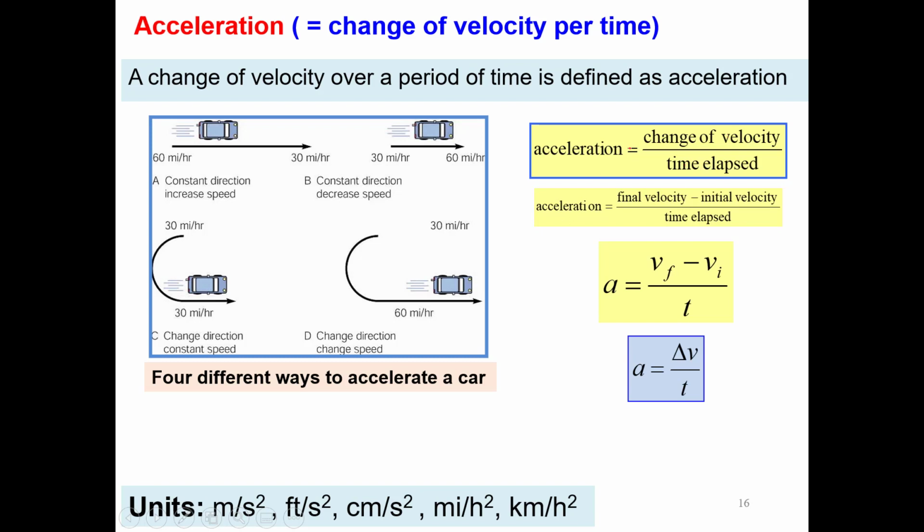When we say change in velocity, it means we start at some initial velocity and then move to some final velocity. Then we can calculate this change as final velocity minus initial velocity divided by the time.